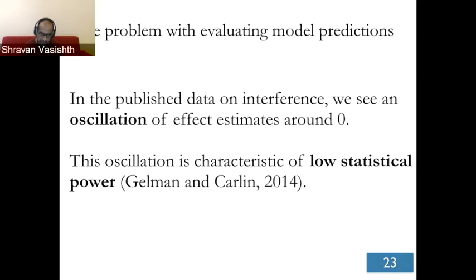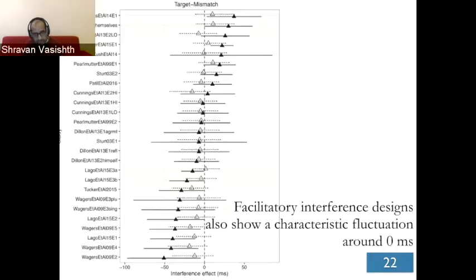Okay, I'm going to demonstrate this to you. And what I'm going to show you is that it's because of low statistical power in these published studies that we see this characteristic oscillation around 0.